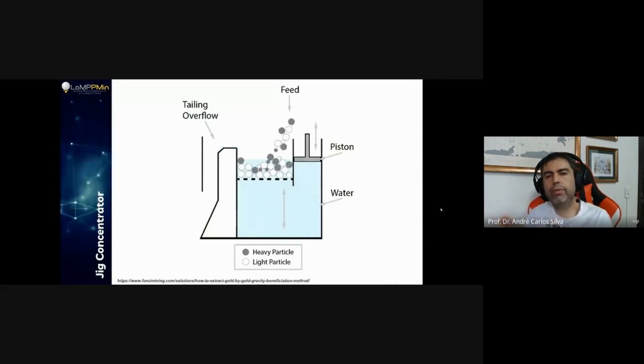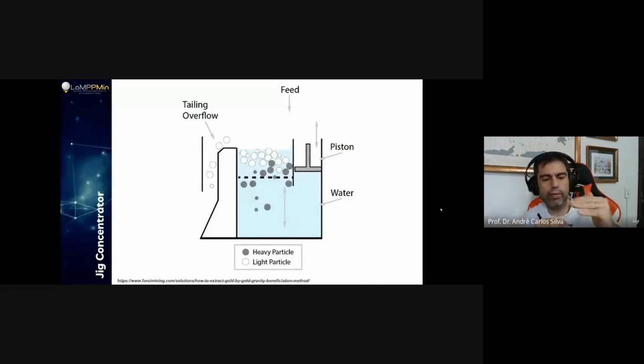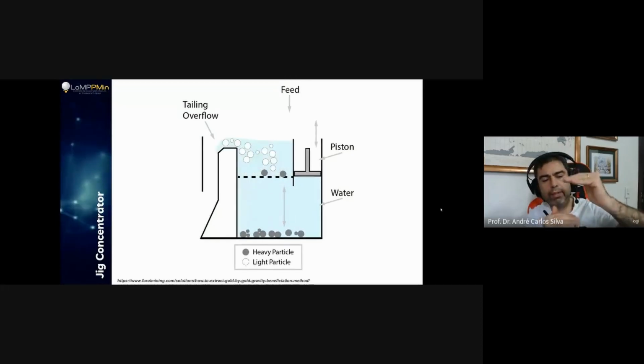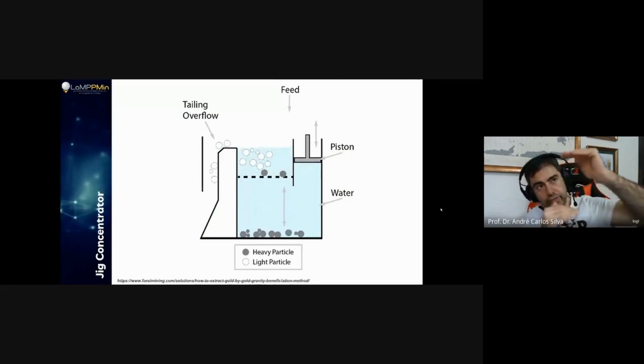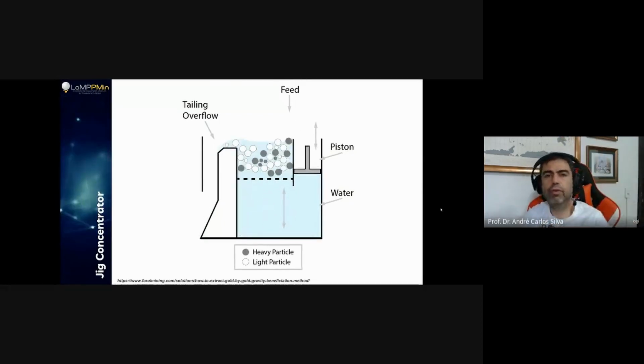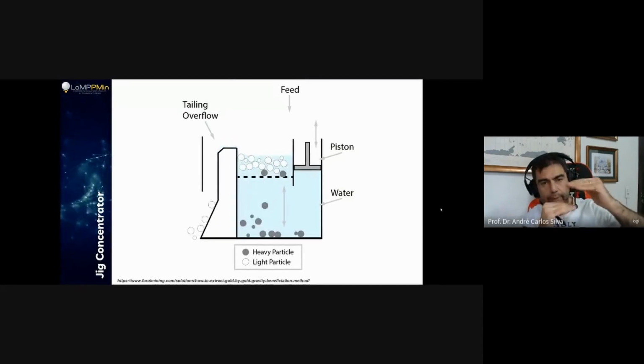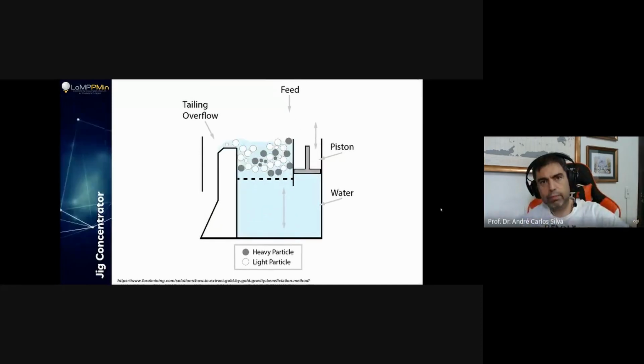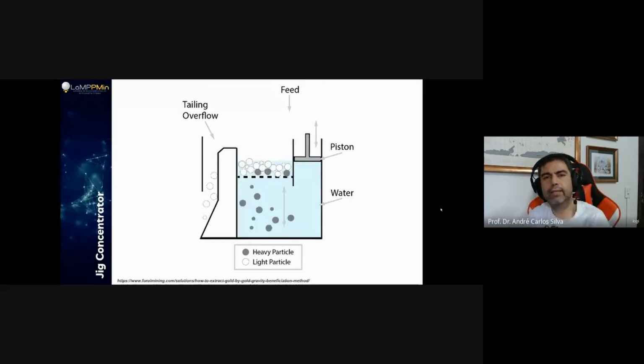On the sea we have waves, and when we have a wave, we have a pulse, and the water is pulsing. With that pulse, I have mechanisms that let me separate heavy from light particles. By doing this pulse, the heavy particles are pushed down, and the light particles are pushed up with the water flow, and then I can separate those.